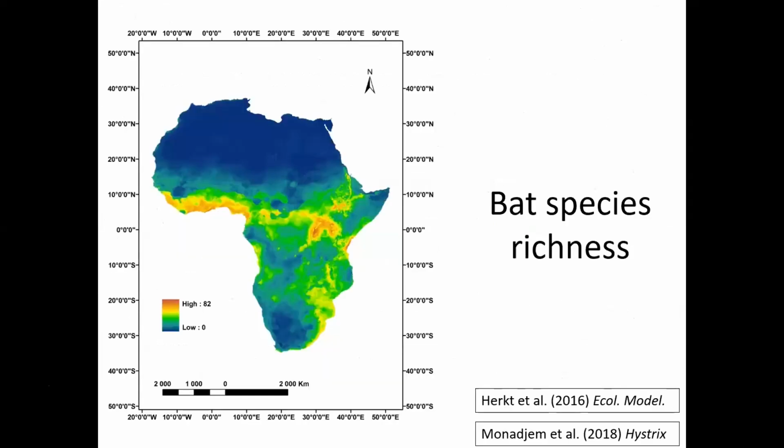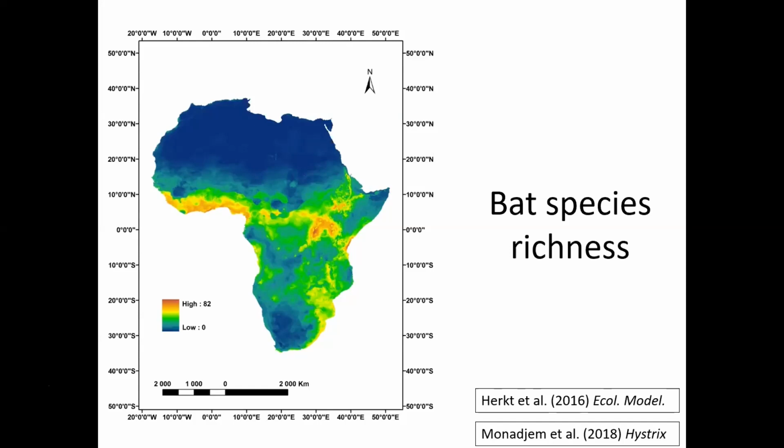And just to put Mount Nimba on the map for you, because I'm going to talk about Mount Nimba several times in this talk. This is a map showing species richness in Africa, species richness of bats. The brown colors are the highest diversity. The dark blue colors are the lowest diversity.